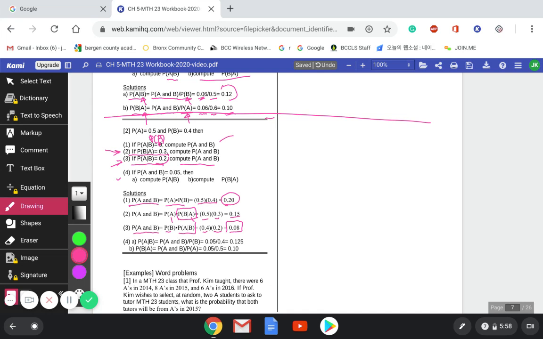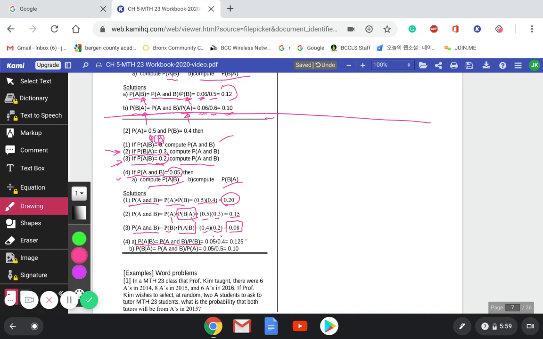Now, question number 4. If probability of A and B is given as 0.05, then find the probability of A given B and find the probability of B given A. Again, probability of A given B is probability of A and B divided by probability of B. So it's 0.05 divided by 0.4, which is 0.125.